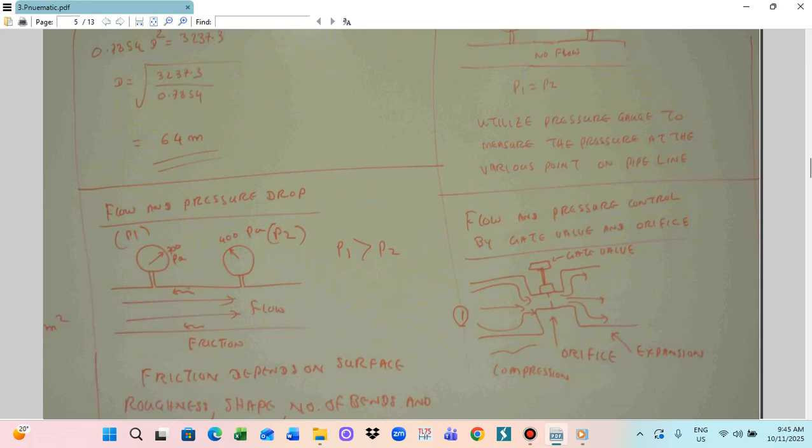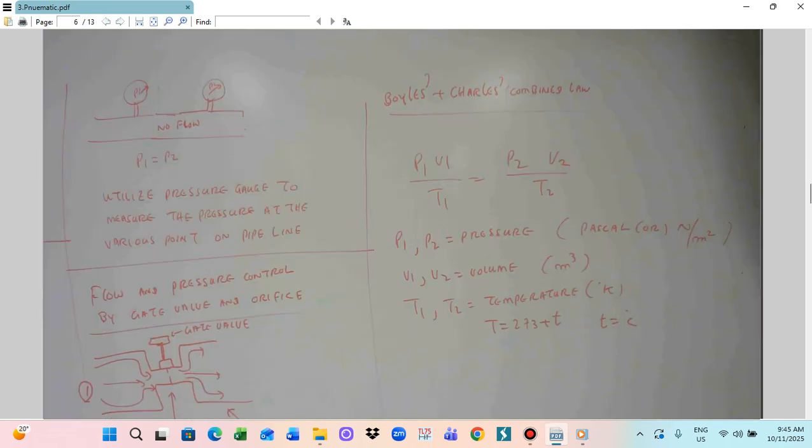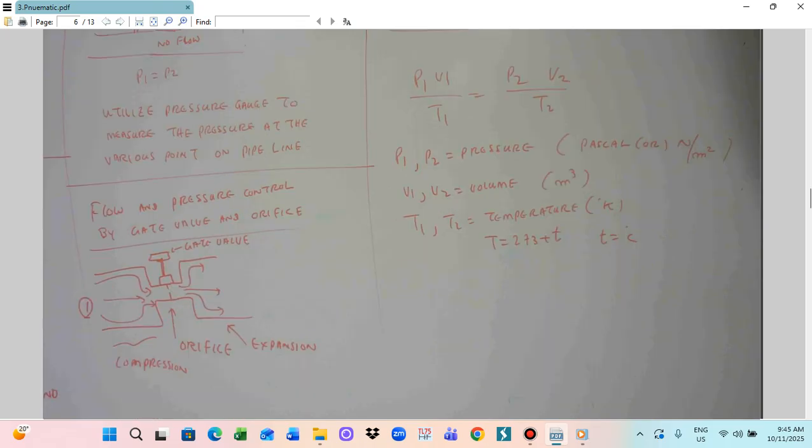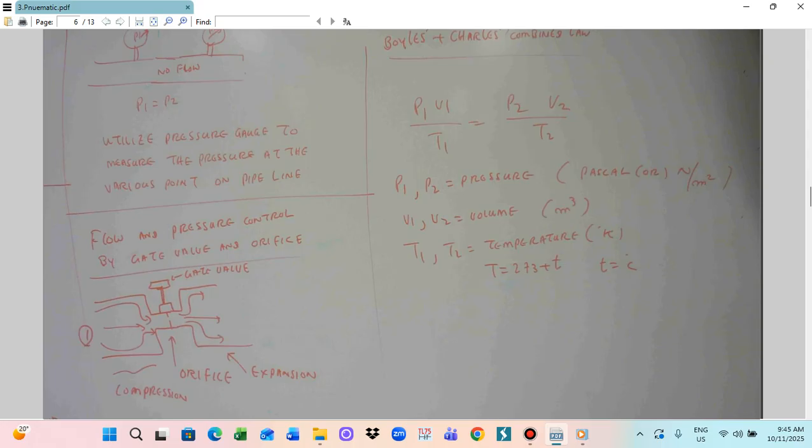In this case, the flow goes in this direction, and after that it expands to this direction. So it is all compressed and then expanded. This area will be the compression, and this one will be the expansion.